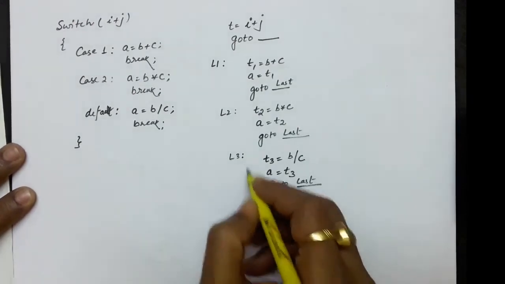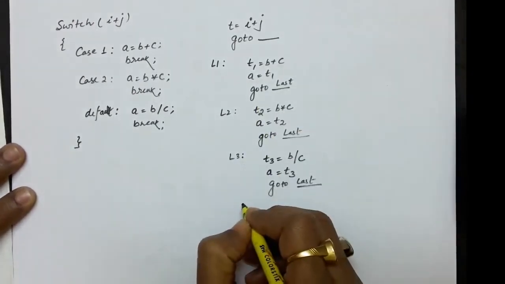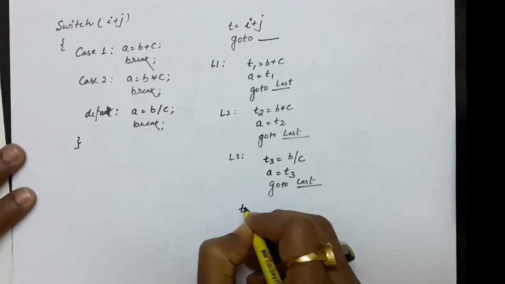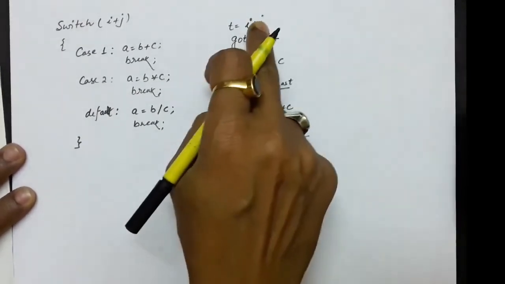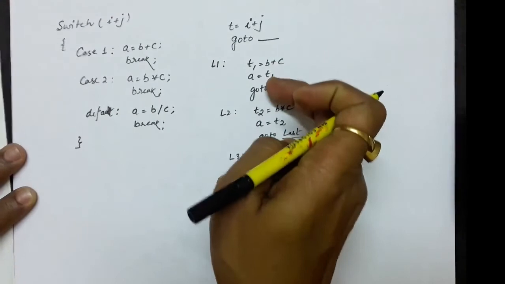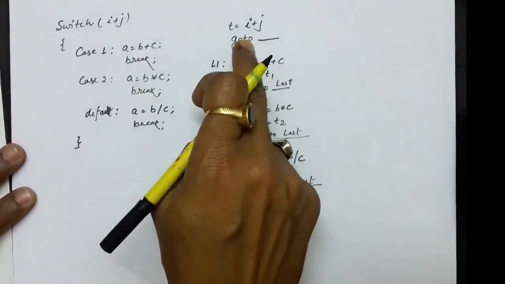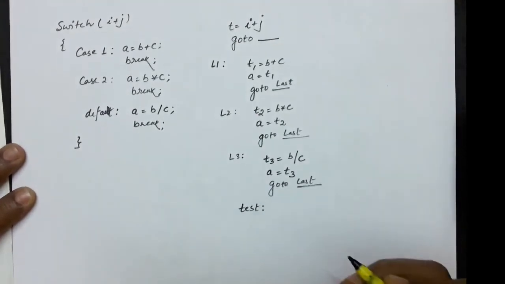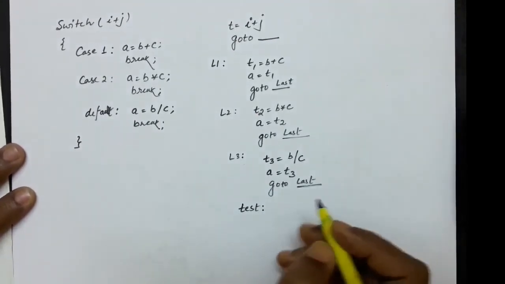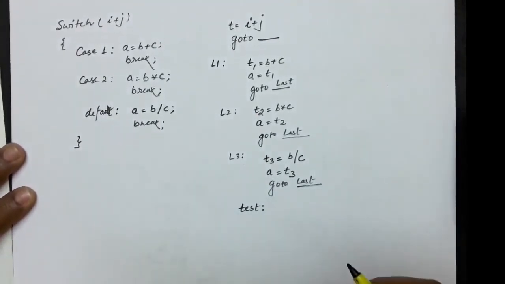Now we have to actually test the value of I plus j, depending on which we will have to execute either L1 or L2 or L3. Okay, so here we are saying that there is a label test, and it will be testing the value of I plus j.